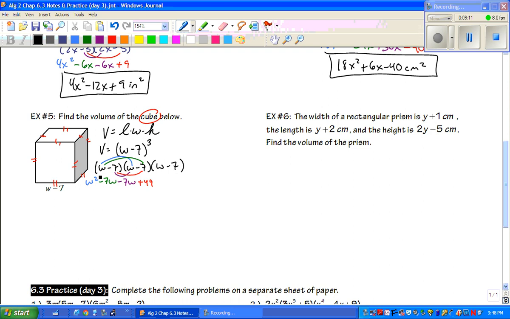So when we simplify that, we get w squared minus 14w plus 49, and then we still need to multiply that with the w minus 7, okay? And from that, what do you think I'm going to use? My favorite, the box method.